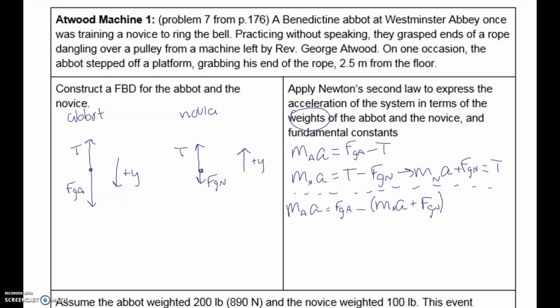Alright, so bringing acceleration to the same side, we have mass of the Abbot times acceleration plus mass of the Novice times acceleration is equal to the weight of the Abbot minus the weight of the Novice.